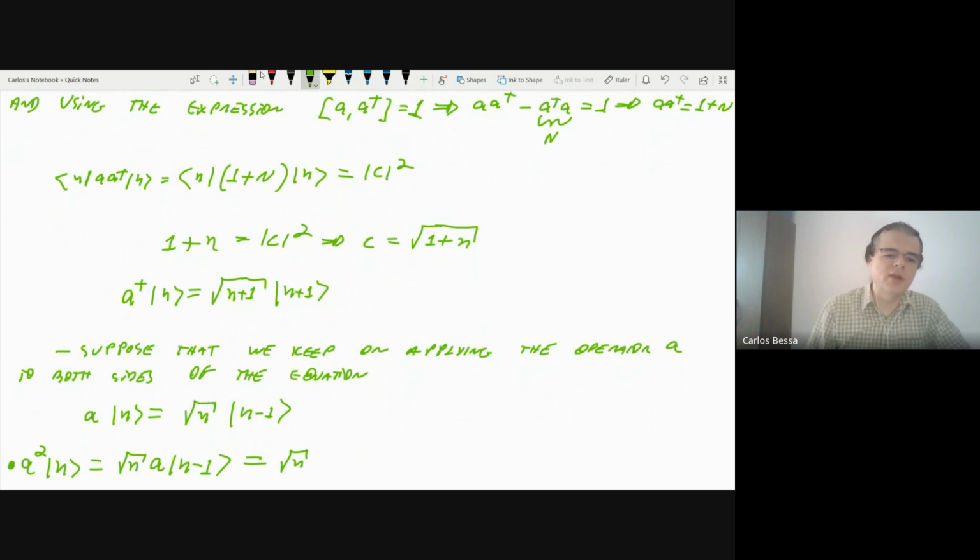So my eigenvalue will be square root of n minus 1, and the ket on the right side will be n minus 2, because it's n minus 1 minus 1.